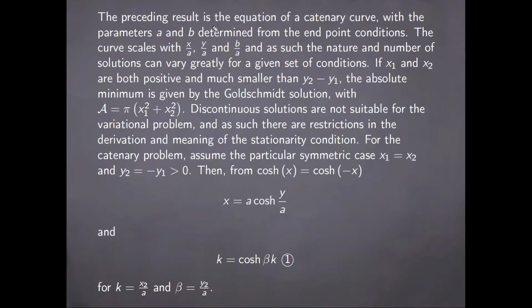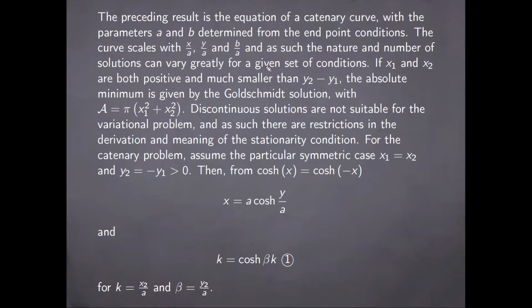The preceding result is the equation of a catenary curve with the parameters a and b determined from the endpoint conditions. The curve scales with x over a, y over a, and b over a, and as such the nature and number of solutions can vary greatly for a given set of conditions.